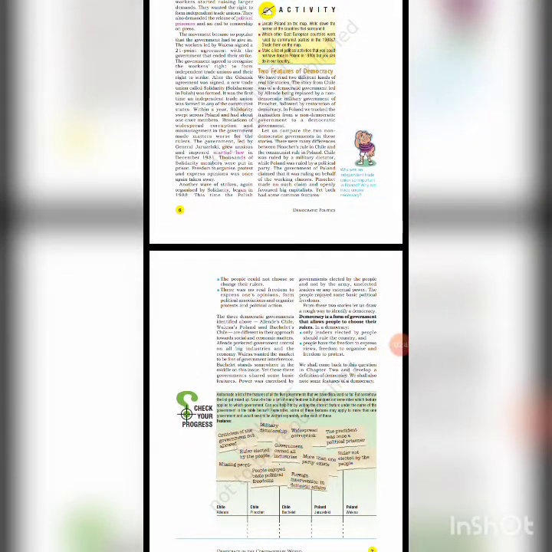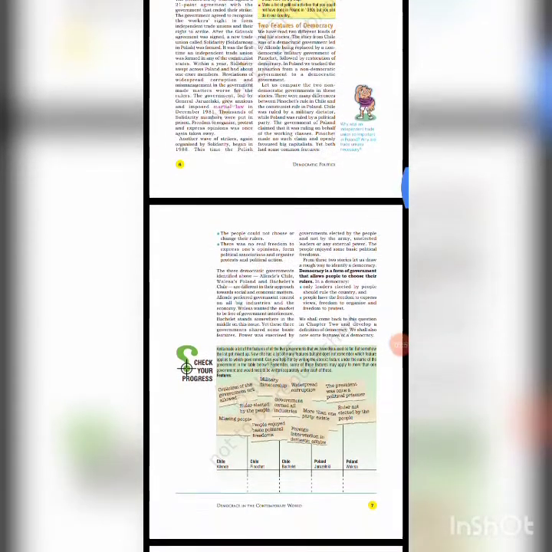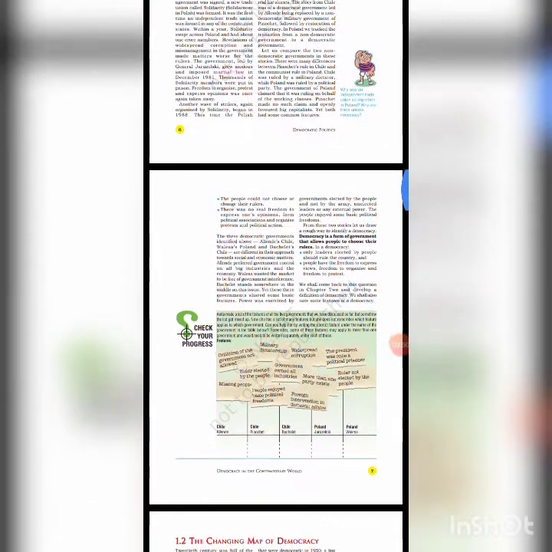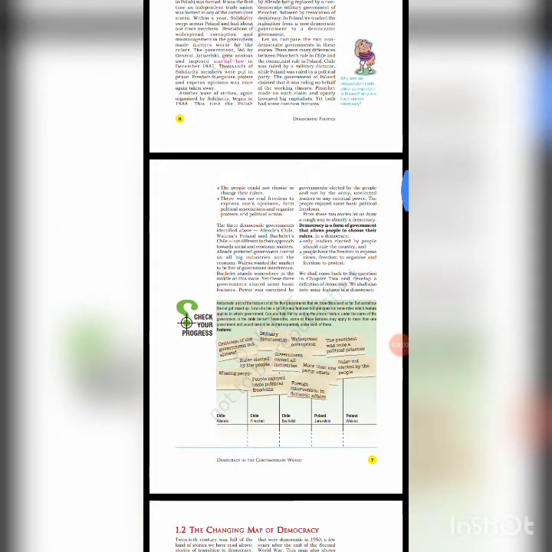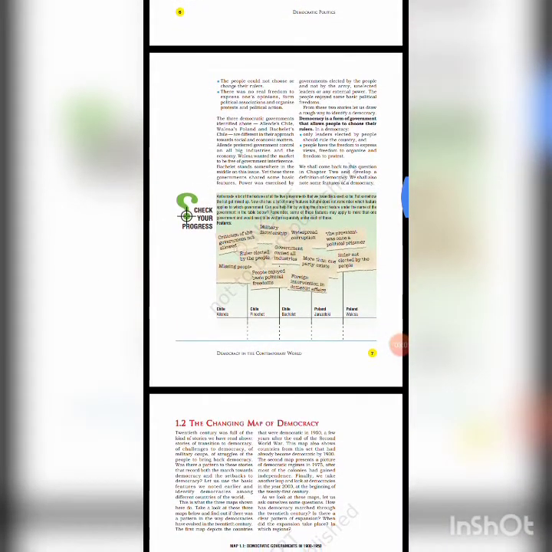The newly independent nations of Asia chose democracy. By 1975, colonies in Africa had become independent, and most of them chose democracy as the form of government.